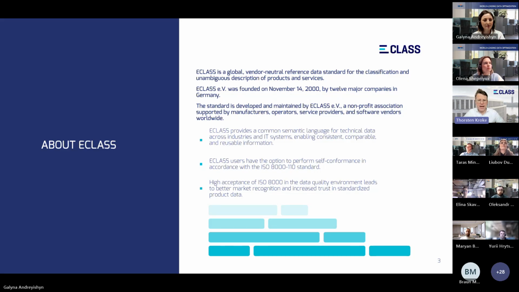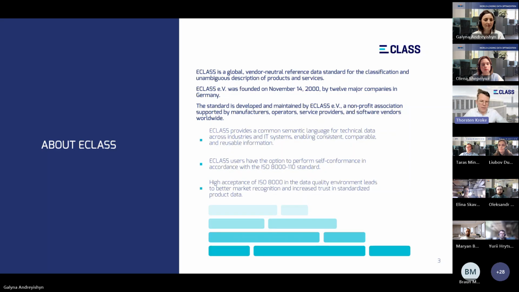Why? A semantic language is really important, what ECLASS is providing. If you want to describe technical data and go for data exchange, you need the semantics and the information lossless, consistent, and comparable. And this is possible with the semantics done by ECLASS, as we will see later on.